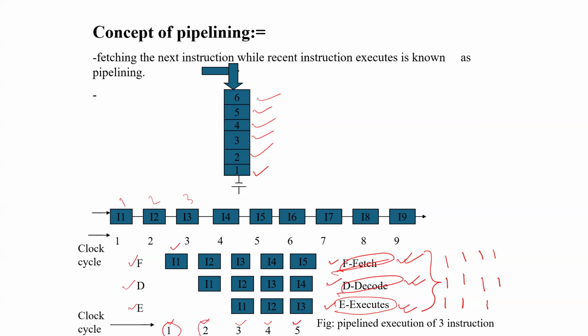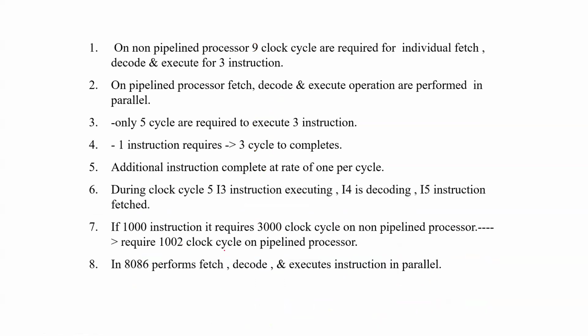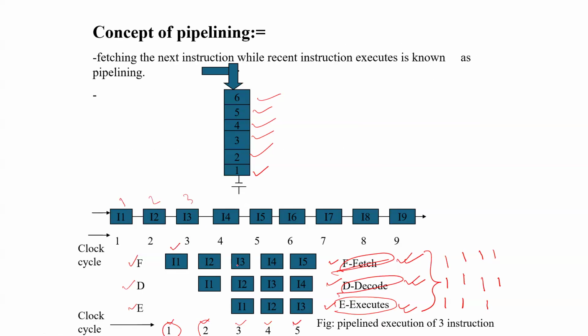In the second clock cycle, instruction 2 will be fetched, and instruction 1 will go for decode. In the third clock cycle, instruction 3 will come into fetch, instruction 2 will be decoded, and instruction 1 will be executed.